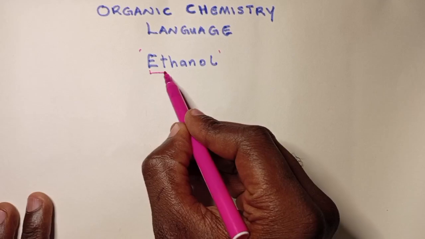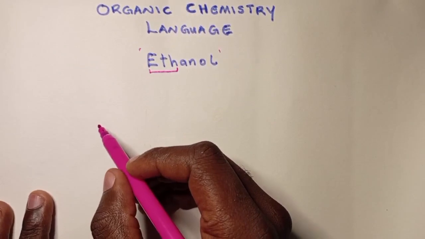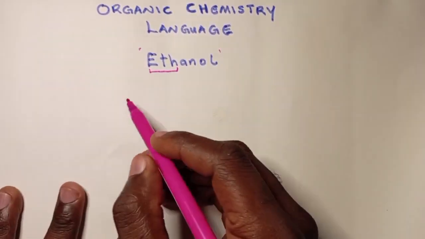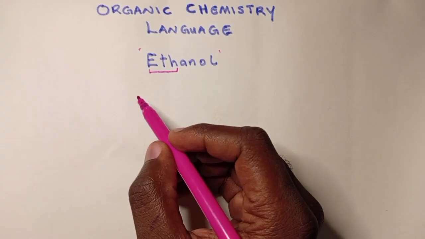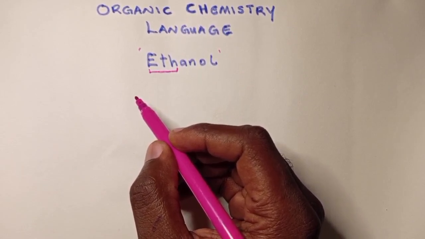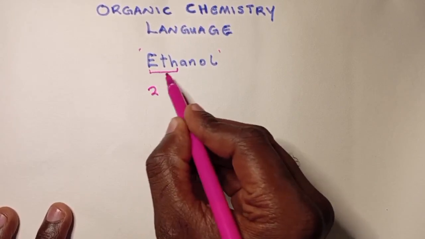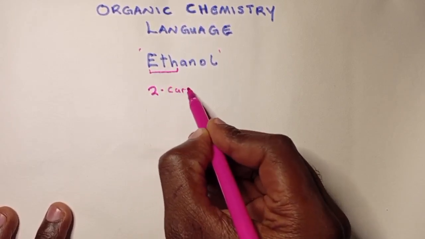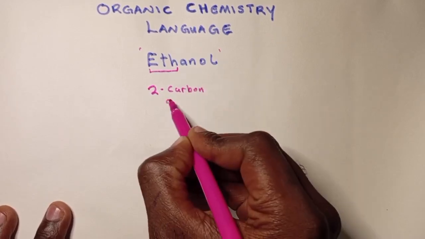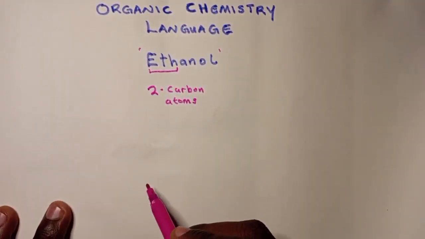So we have the first three letters here, eth. According to the language of organic chemistry, these things are set up by what we call IUPAC, the International Union of Pure and Applied Chemistry. So eth means two carbon atoms.